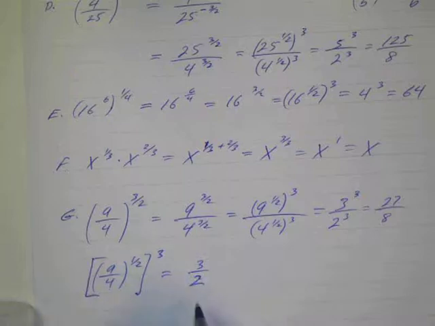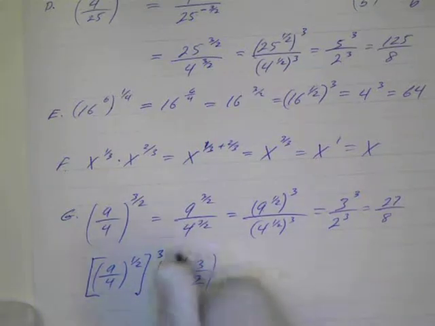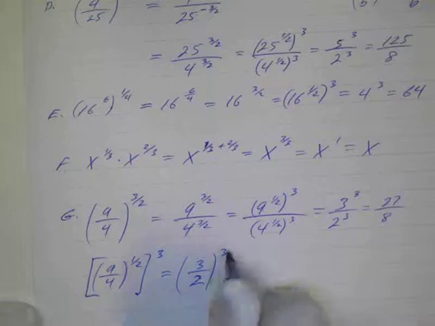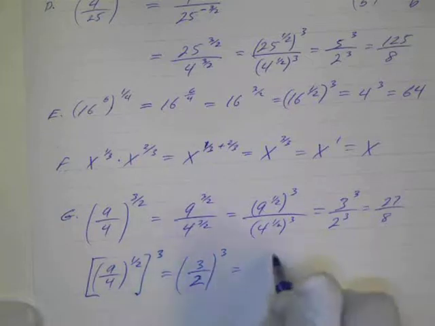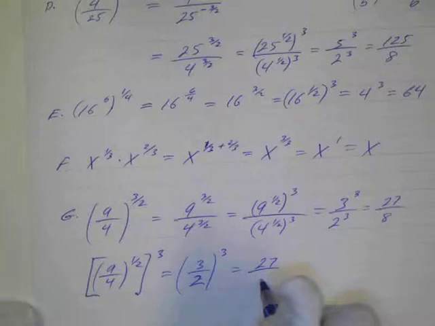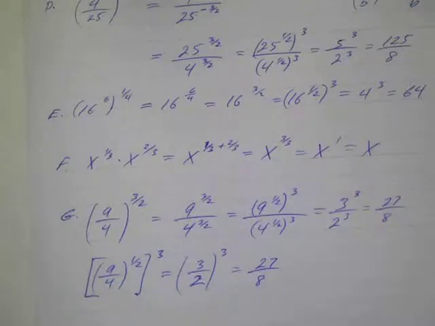See, 3 over 2 times 3 over 2 is 9 over 4. So we could write it like that. And that would be cubed. And then we would just cube each of these. So 3 cubed is 27. And 2 cubed is 8. Or 3/2 times 3/2 times 3/2 is 27 over 8. So you could do it like that also. So that might be a shorter way. So you can do that when the exponents are positive.